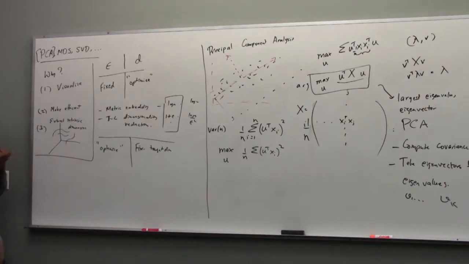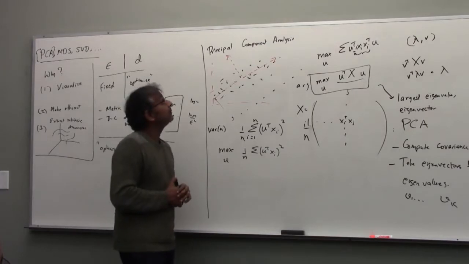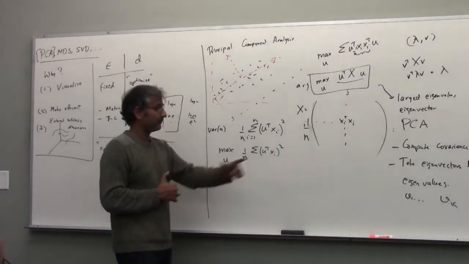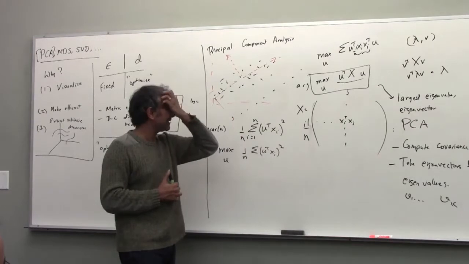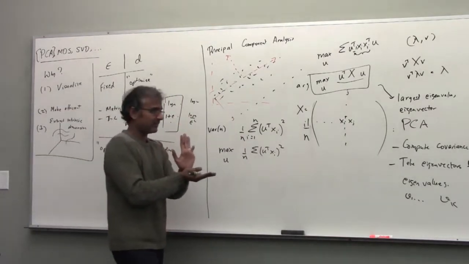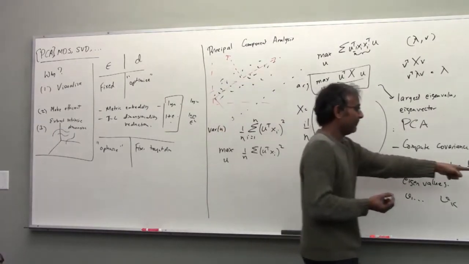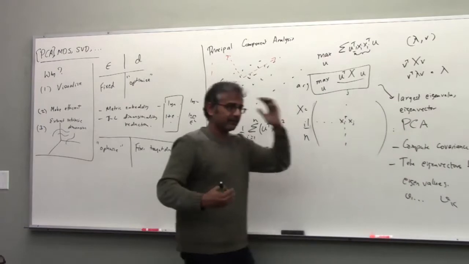Because this matrix is positive definite, and you can verify this, these will all be orthogonal. So this gives you a frame of reference, and that's the space you project into. You take the top k because they give you the maximum variance.